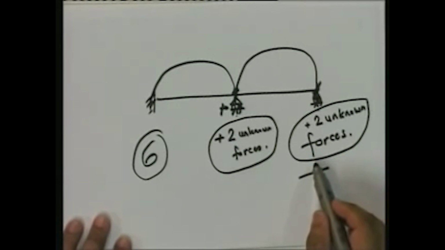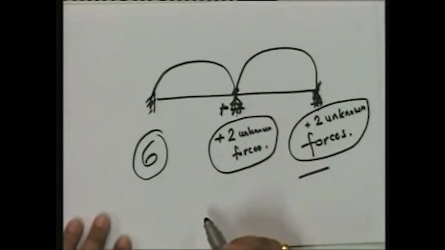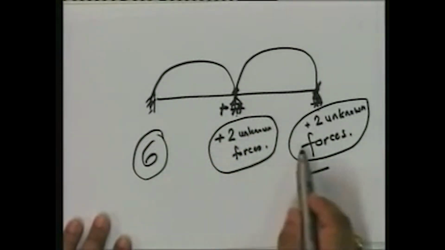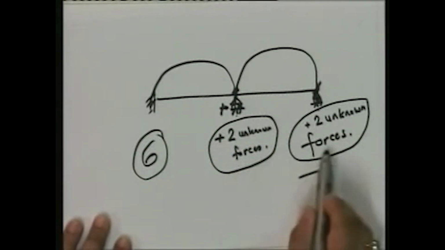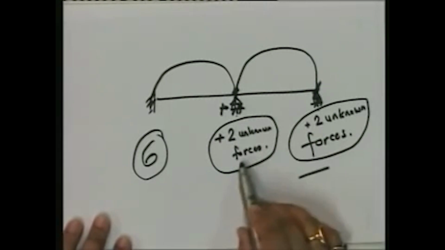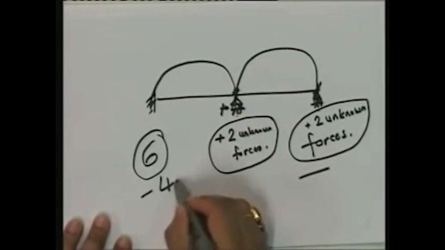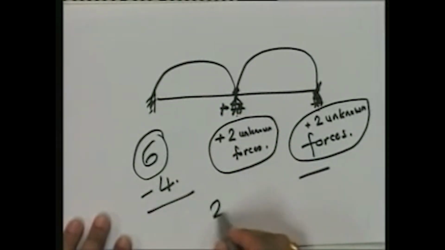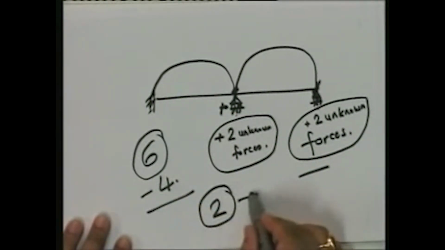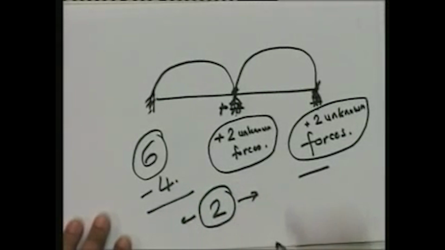So that means, what was the original structure? I have to take off these unknown forces, because these are fictitious unknown forces that I added to make them into rings. So I have to subtract 4, and I get 2.